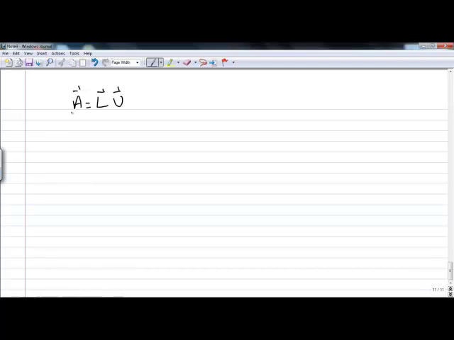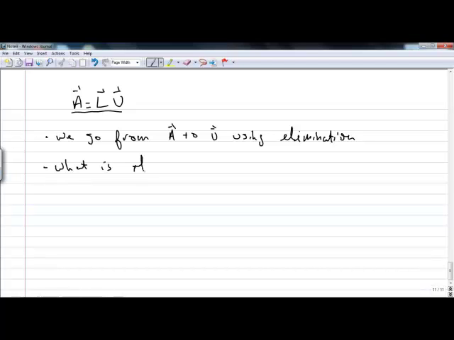So we go from A to U using elimination. And we can ask, what is the connection between A and U?